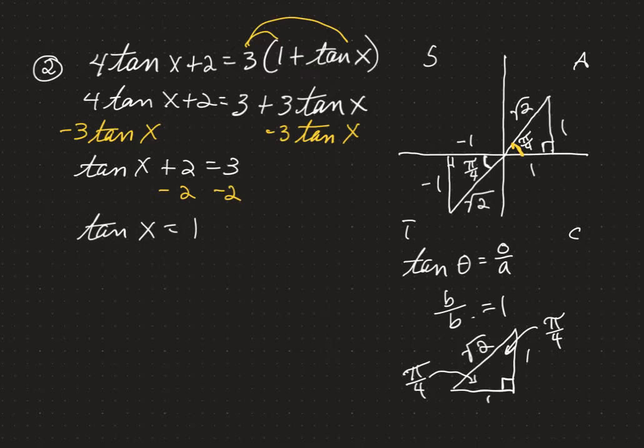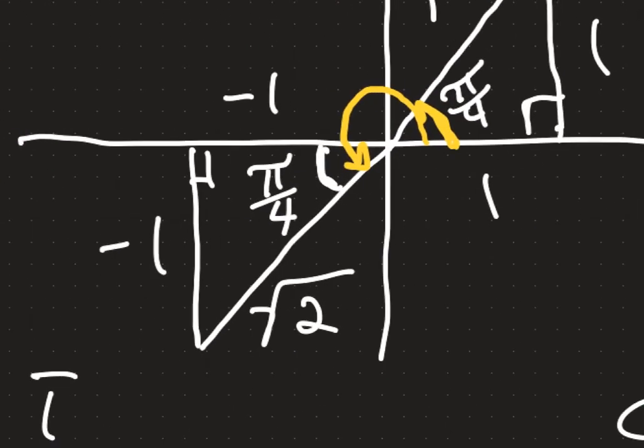But to express the standard angle, we have to go all the way around past 180, or past pi, and then add to that pi over 4. So zooming in again, we get pi plus pi over 4 as the measure of this standard angle here.